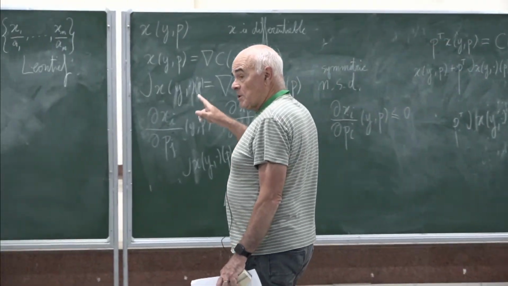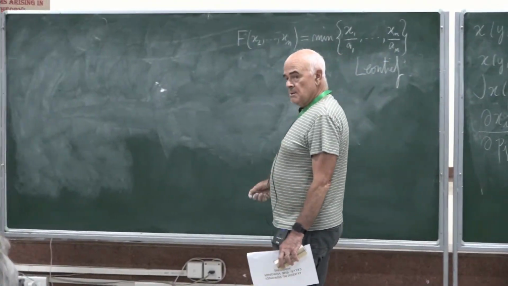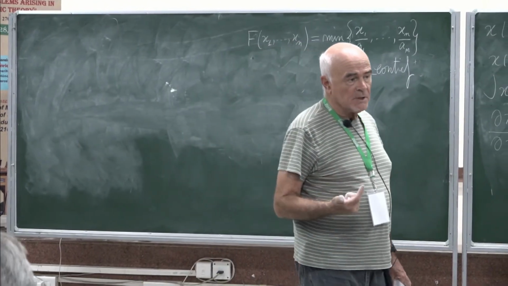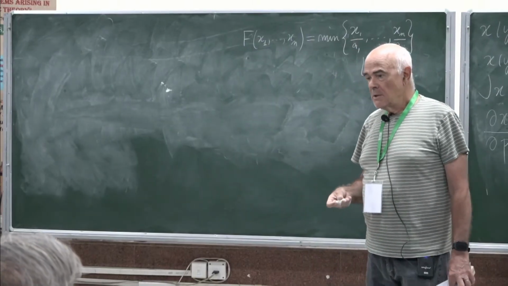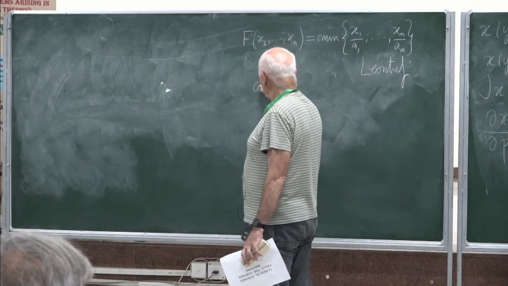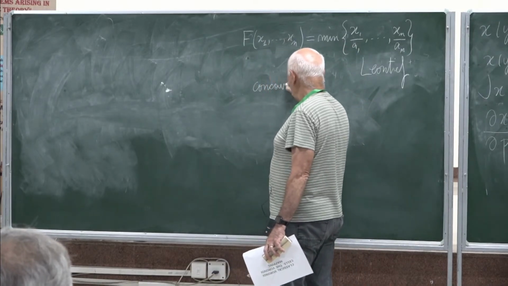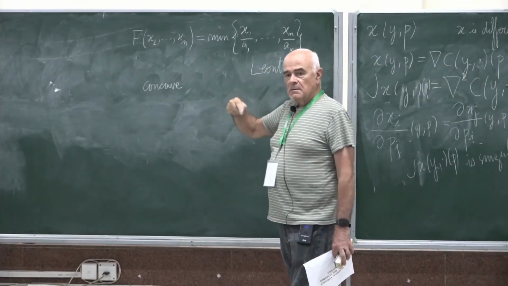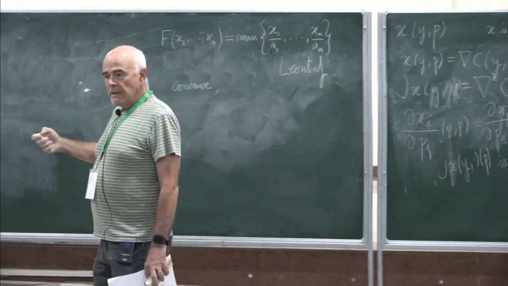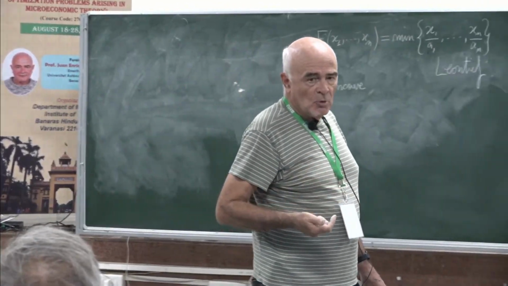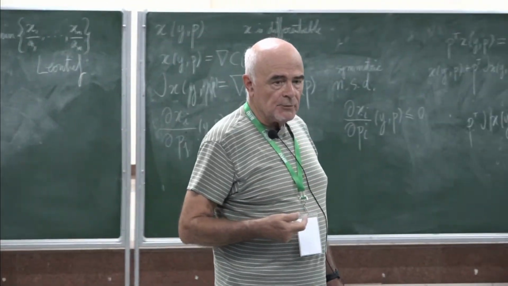By the way, this production function is very nice. A nice production function should be quasi-concave, non-decreasing, and upper semi-continuous. This is not only quasi-concave, it is concave. These functions are linear, then concave, and the minimum, in the same way as the maximum of a collection of convex functions is convex, the minimum of a collection of concave functions is concave.